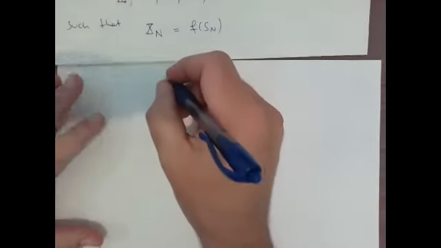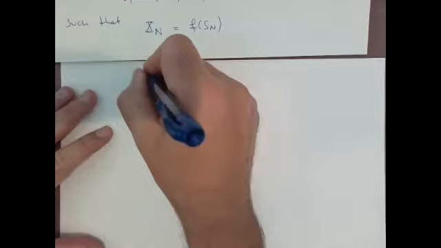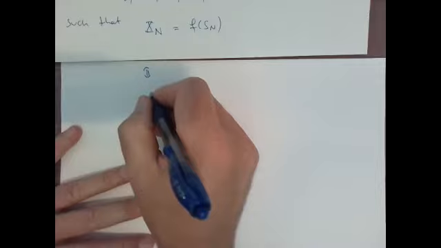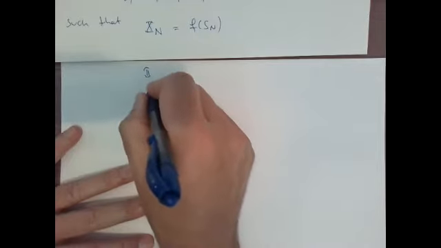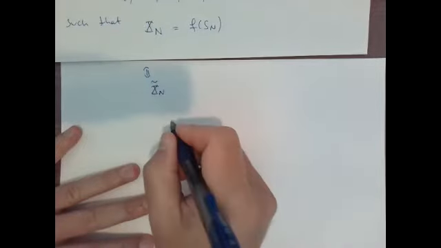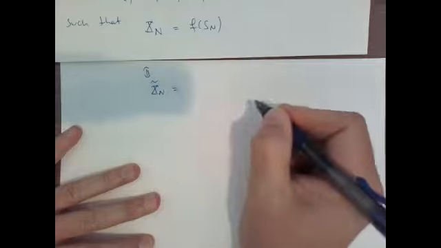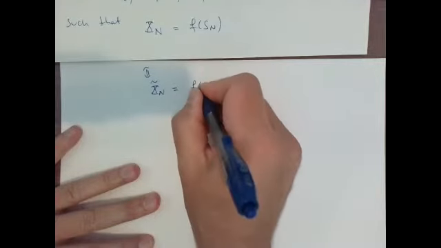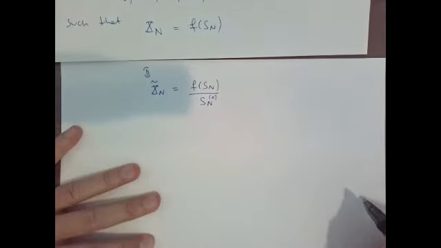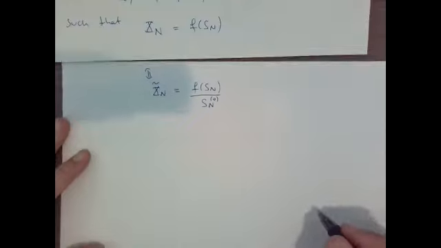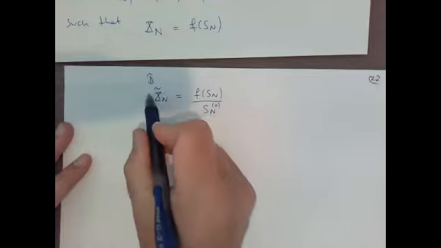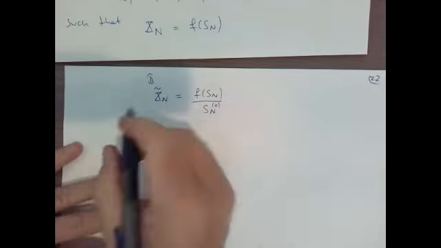This here is the same. So I'm basically redoing some of the calculations we just did before. This is the same as discounting by the money market account. So then use that this quantity here is a martingale under P tilde.